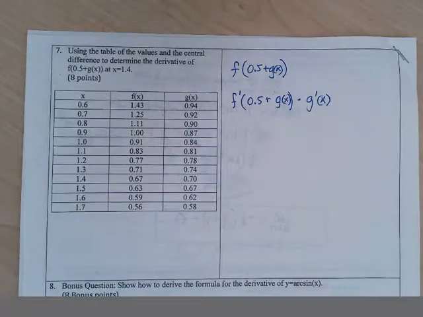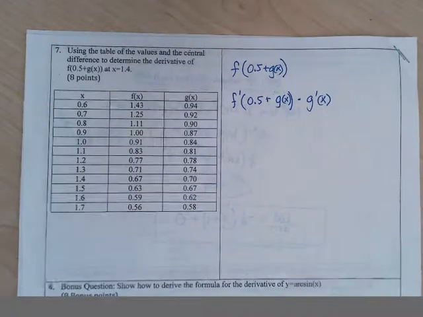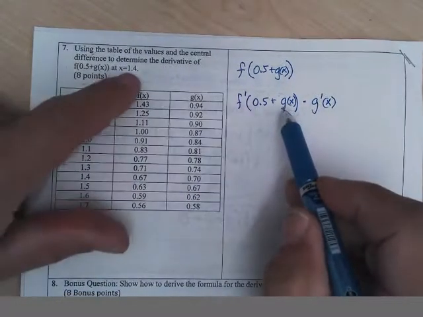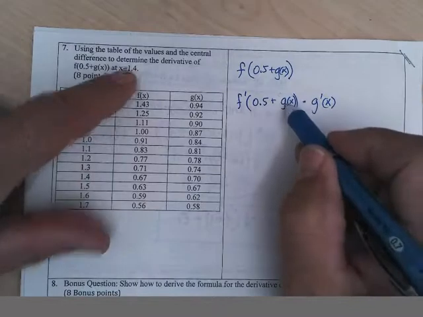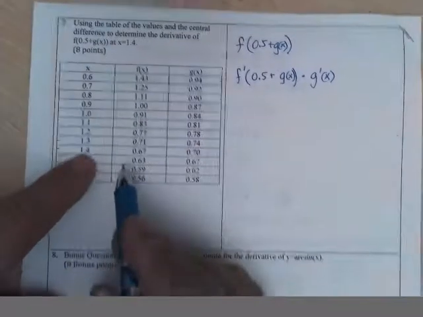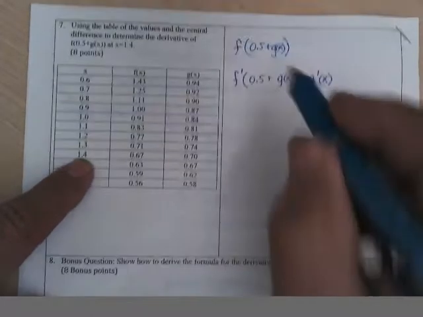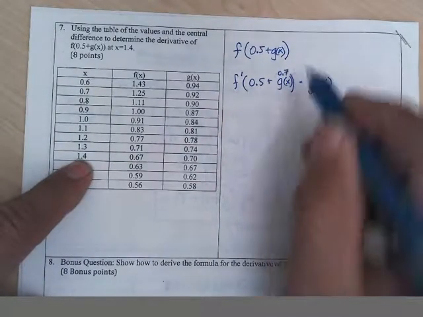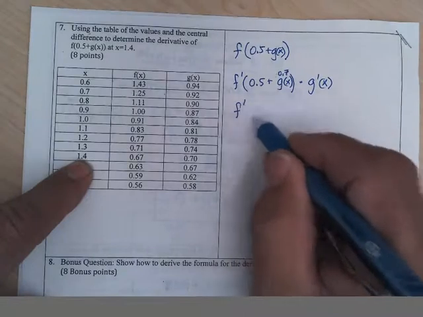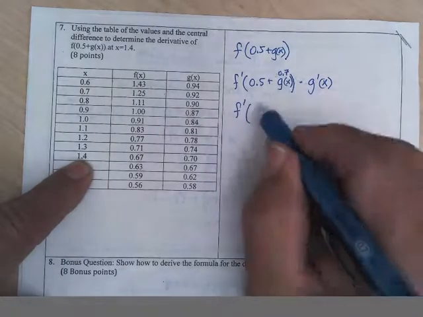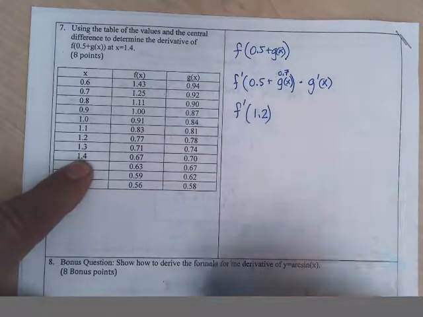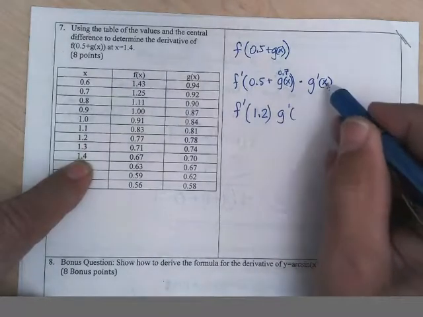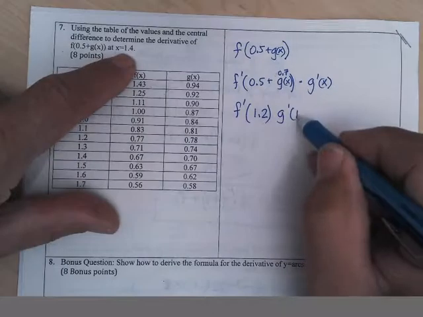And that's the derivative. So now we've got to find the slope at this place. But what is this place? Well, if x is 1.4, what is g of 1.4? Coming down here, it's 0.7. So g of 1.4 is 0.7, so I have to find the slope at 0.5 plus 0.7, which is 1.2. And then I have to find the slope of g at x, which was 1.4.